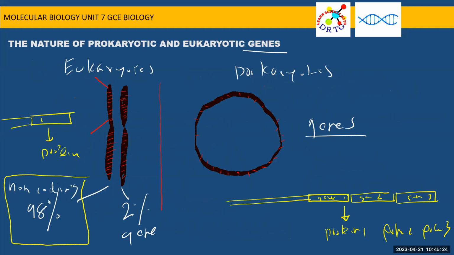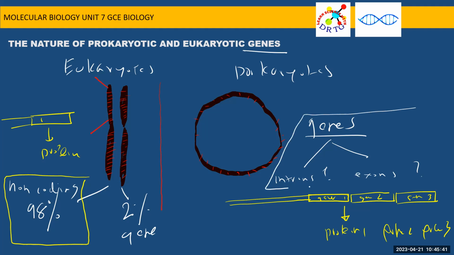They always have continuous genes. Now, when it comes to genes, we again have the question: do they have introns and exons? So what is your answer? Do prokaryote genes have this exon and intron concept?